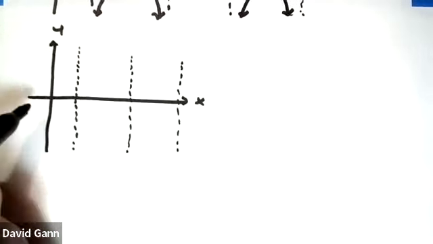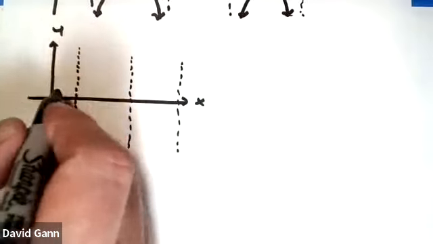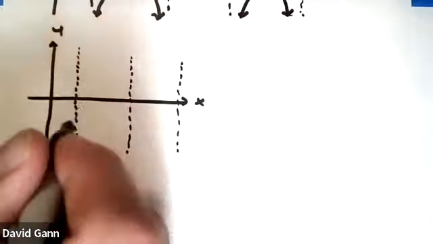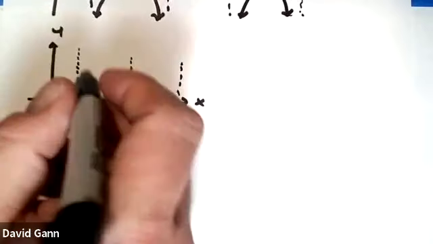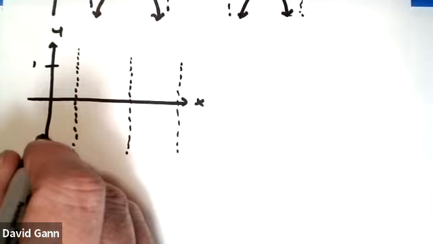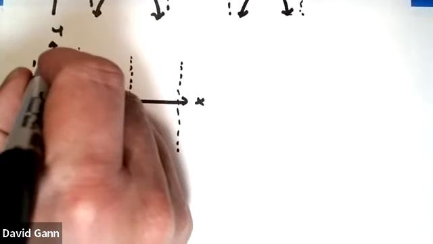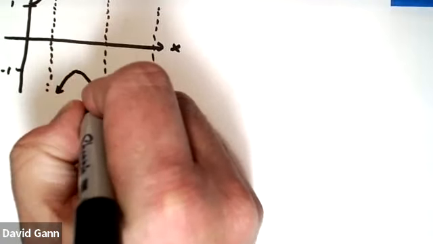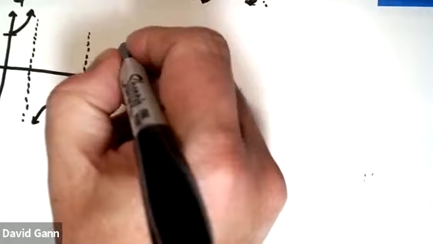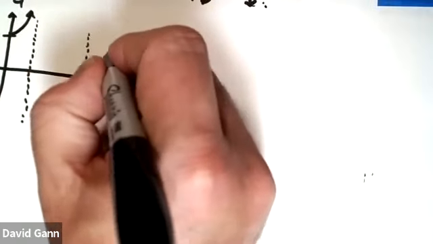Now, the key to graphing these is to figure out where that local origin is, and then use the a value to figure out how far to move above or below this baseline. So we'll call this 1, -1. We've got this behavior here between pi over 2 and 3 pi over 2.